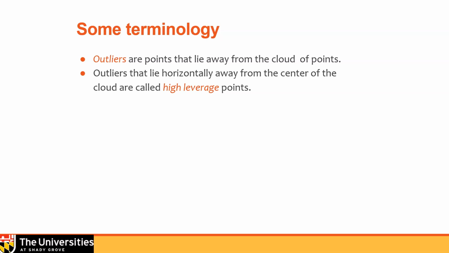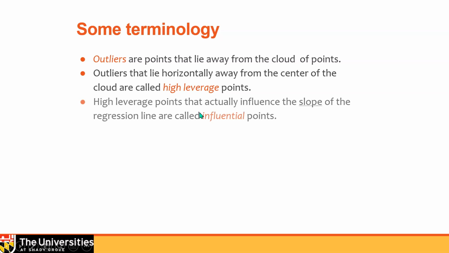What are our outliers? Outliers are points that are distant from where the mass of our points are. If they are horizontally away from the center of the mass of our points, we call them high leverage points. And high leverage points that actually change or influence the slope are called influential points.